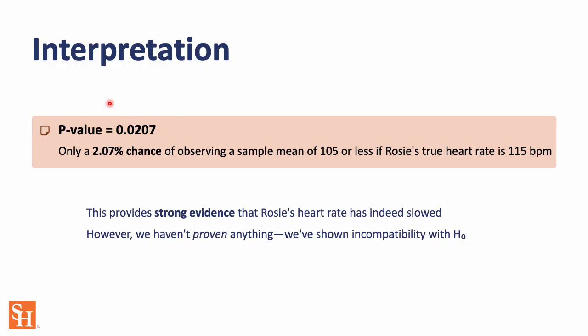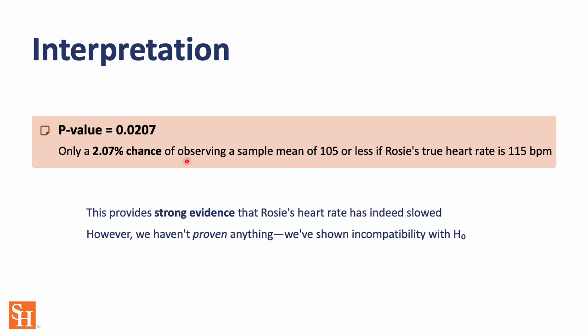So we have seen in the previous slide how we can calculate the p-value, and our p-value was about 2%. And what does that mean? That means there is only a 2% chance of observing a sample mean of 105 or less than that if the true population parameter value is 115.